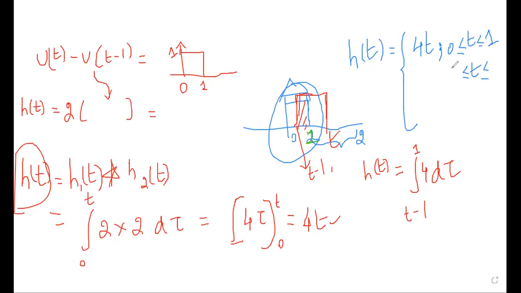Between 1 and 2. Very good. Between 1 and 2, my output is 8 minus 4t. Elsewhere, except those time limits, my output is 0. So this is my answer.